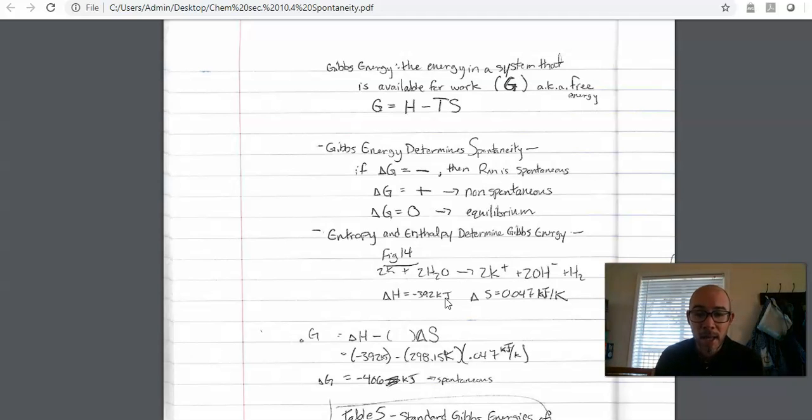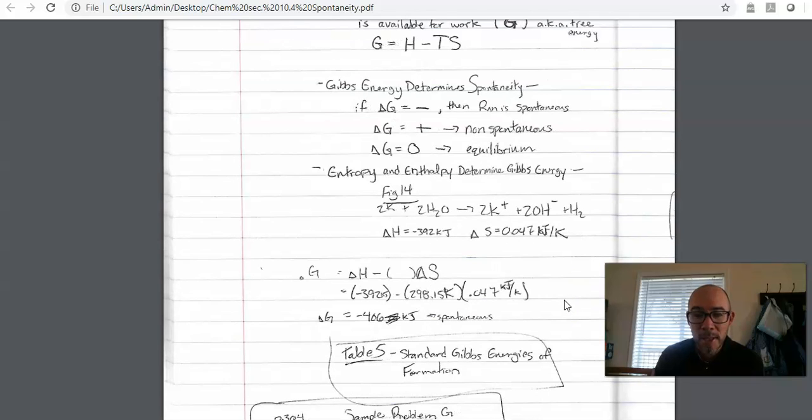And then delta S is the change in entropy, the chaos of the system, and it's not very much. But we're doing this at room temperature. Okay, so we've got a negative here for delta H because it's blowing up, but then we're subtracting our regular room temperature, 298.15 Kelvin times 0.047, and overall this gives us a negative, and then we're taking away even more.